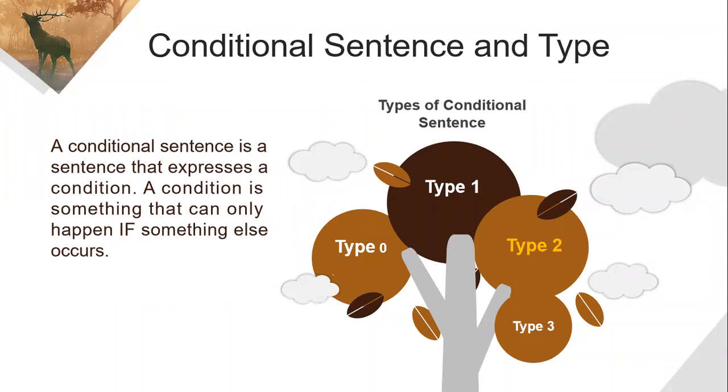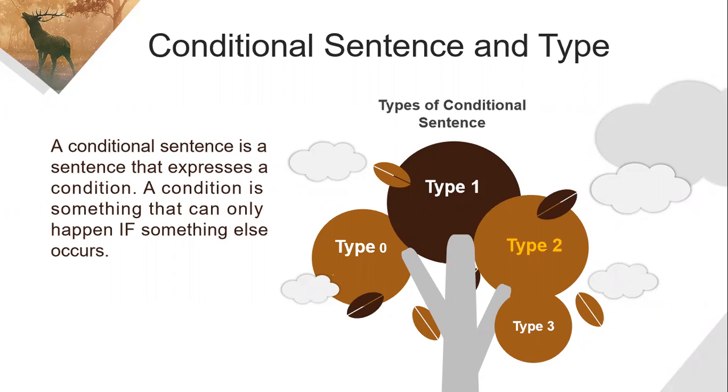Conditional sentence, what is conditional sentence? Conditional sentence is a sentence that expresses a condition. Condition here is not keadaan, but it's like syarat. A condition is something that can only happen if something else occurs. So it is like a syarat, ya.